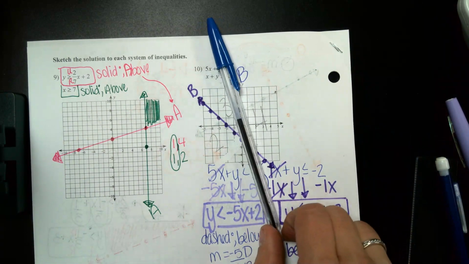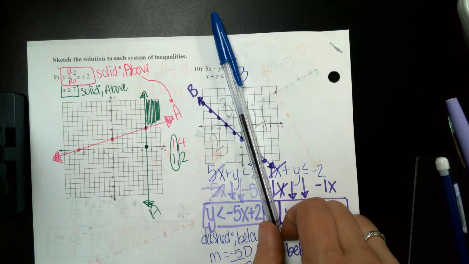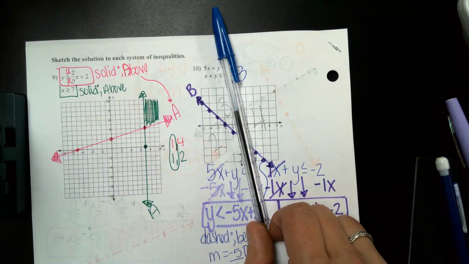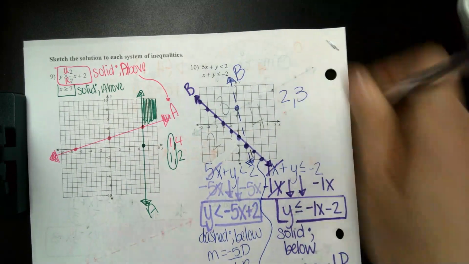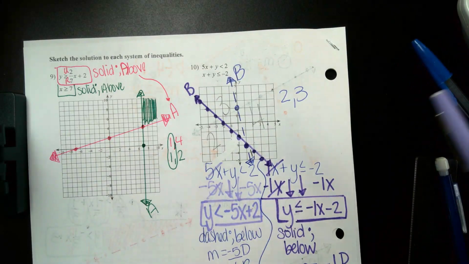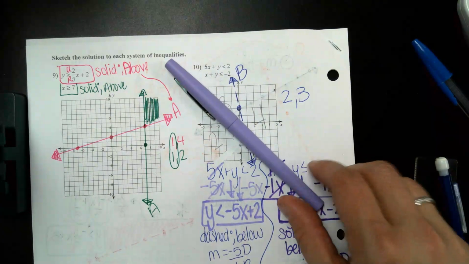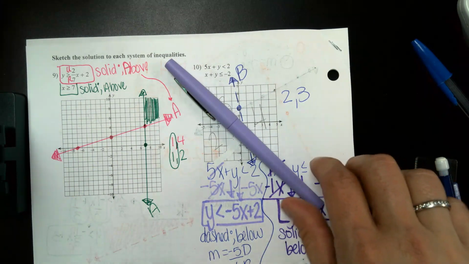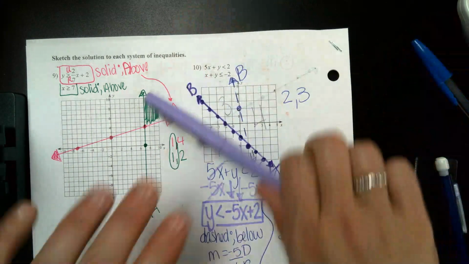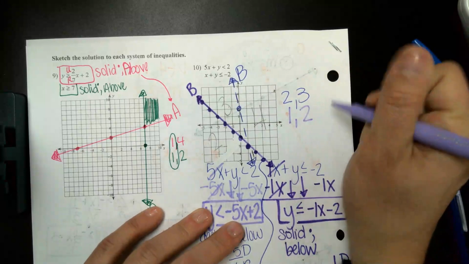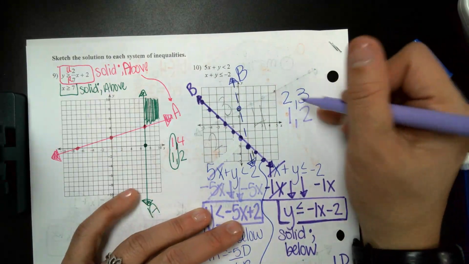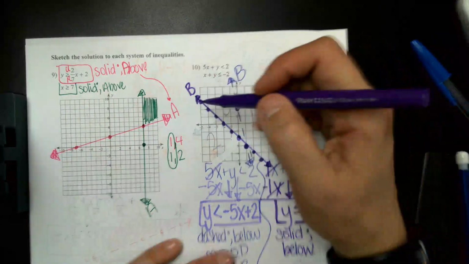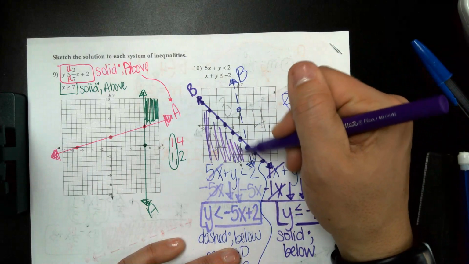Now, if I need to go below this blue line, is that 2, 3 or 1, 4? 2, 3. If I need to go below this purple line, 1, 2 or 3, 4? Below. 1, 2. So which one is doubled? Okay, section 2. Section 2 is the section that you need to shade.